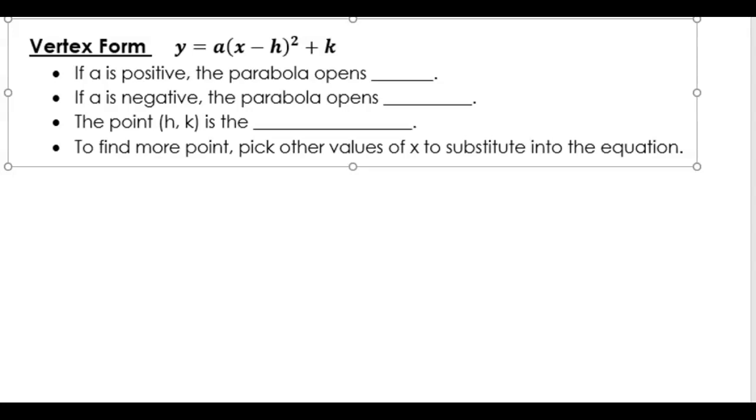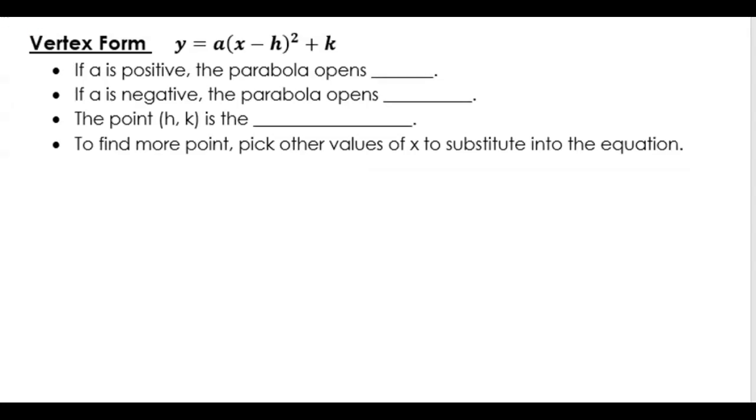And when you're looking at vertex form, it's focusing on the vertex. And this is vertex form. If the A is positive, the parabola opens up. If A is negative, it opens down.